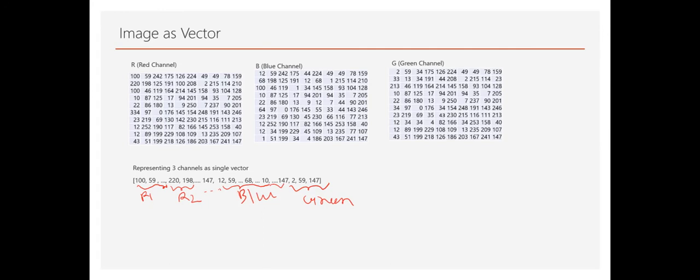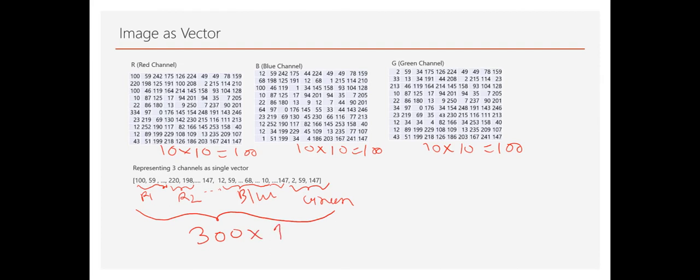In terms of size, if this was an array of 10 by 10, this is an array of 10 by 10, this an array of 10 by 10, each channel will contribute 100 elements, right? So the total size of the final vector would be 300 into 1. So this is how you represent one image as a vector. Depending on the size of the image, your dimensions will vary.